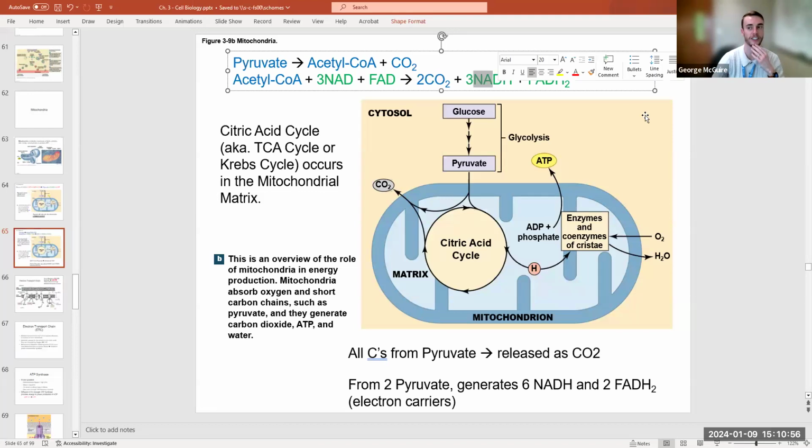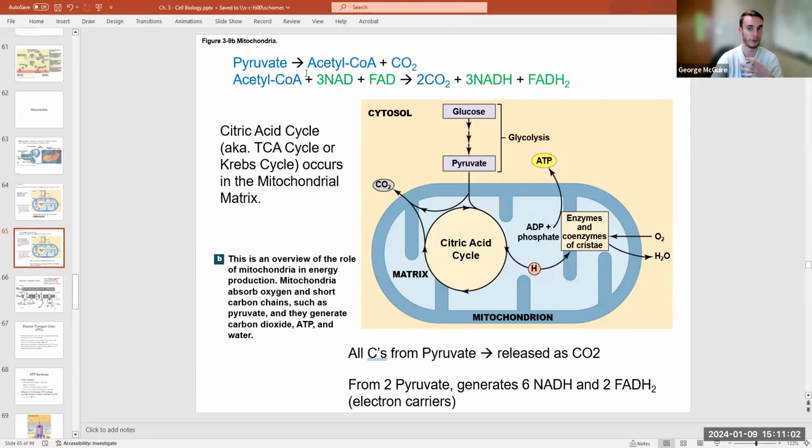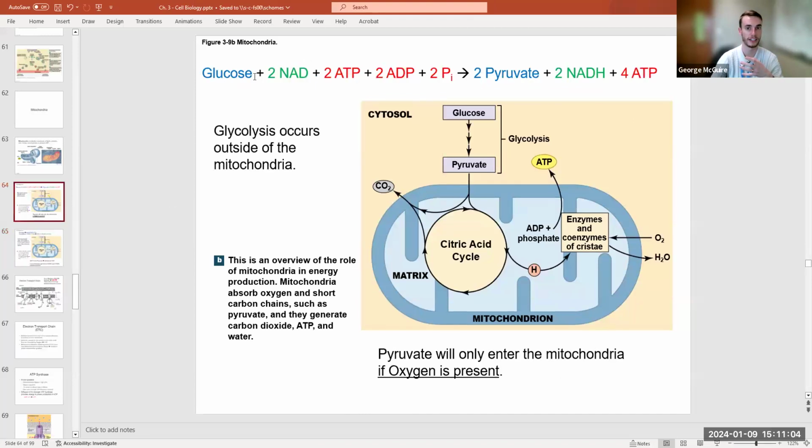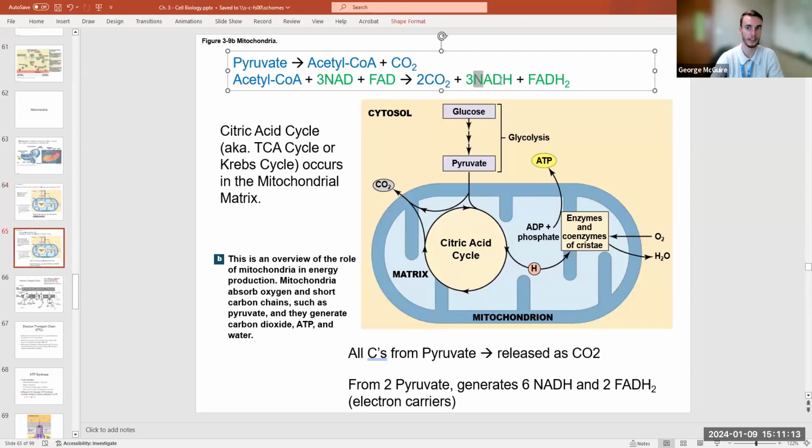We were talking about electron carriers. These electron carriers are essentially carrying hydrogens that were originally present in whatever molecule we're breaking apart. So in glycolysis, NAD plus picked up some electrons, some hydrogens from that glucose. That is going to occur even more during the citric acid cycle, which is the second stage here in the matrix of the mitochondria.